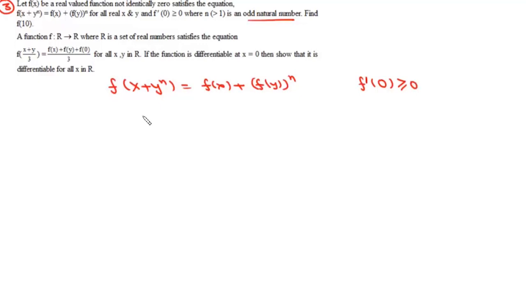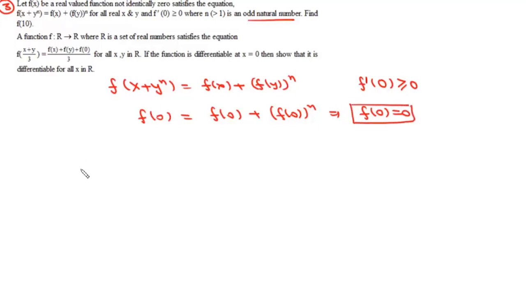Now if we put x and y both 0, it will be this f0, this is f0, and this is f0 to the power n. So from here we can say value of f0 is 0. Now we write f dash x.